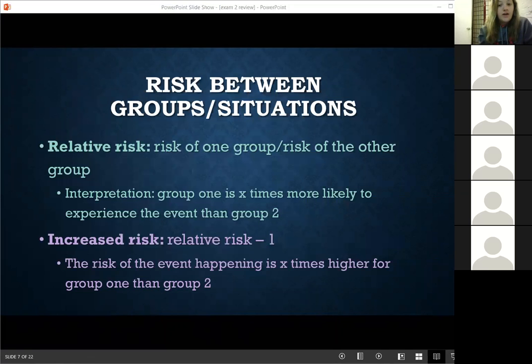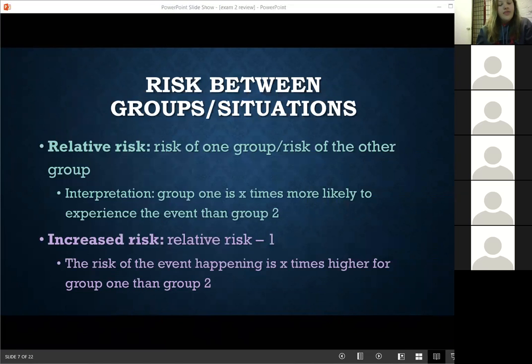So if you're talking about the risk of getting a certain disease from males to females, you're going to be comparing group 1 to group 2 and how many times higher it is. That's our increased risk. And then relative risk is our risk of one group versus the risk of the other group. We just divide those.